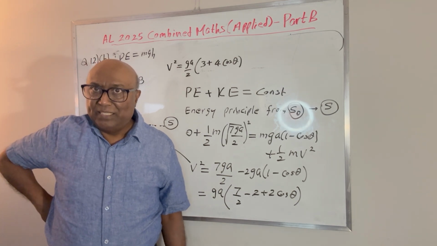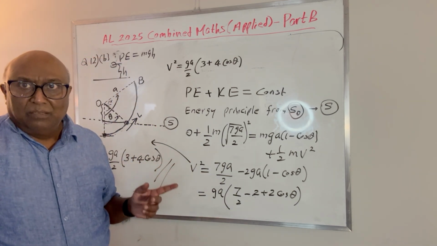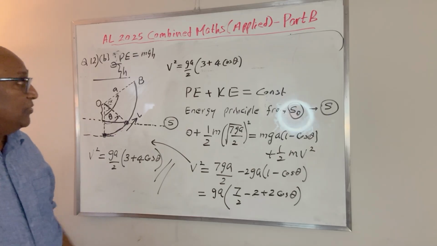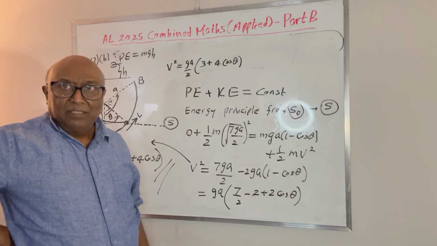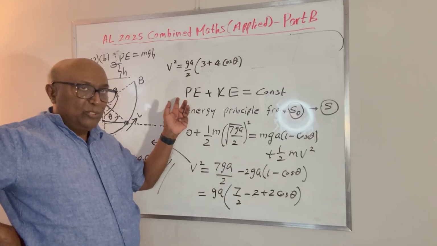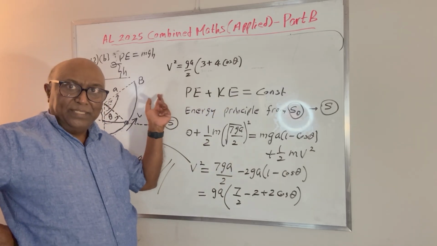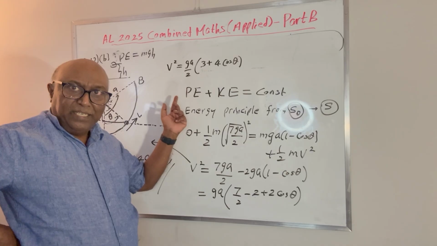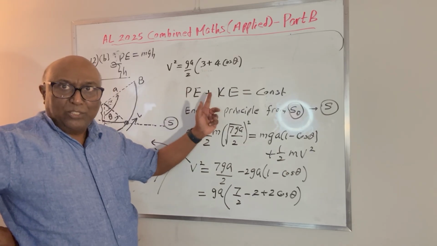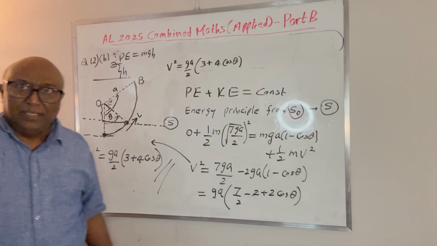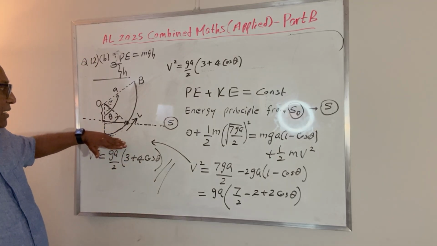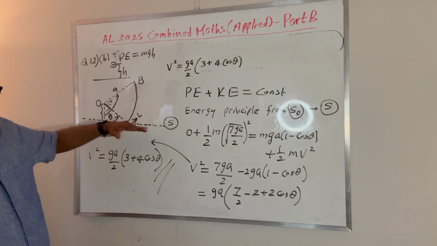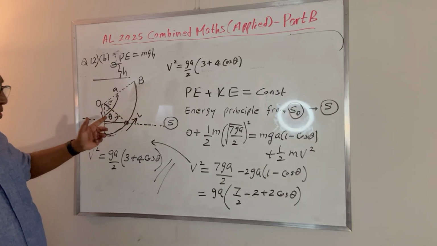If I repeat what we have done from the beginning, we applied the standard mechanical energy principle, that is for an isolated system, the sum of potential energy plus kinetic energy is constant. Here we have considered two stages, the initial level and the level when the particle has turned through angle theta.